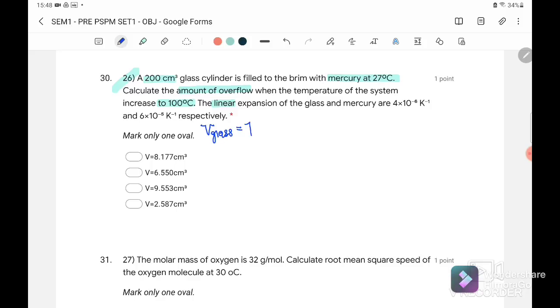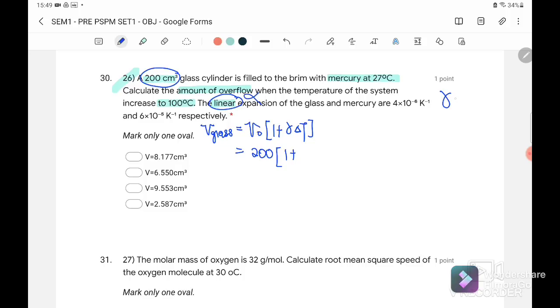So V glass is equal to V naught times (1 + gamma delta T), where the initial volume of course is 200 cm³. Because they only give you the linear expansion, alpha, what is the relationship between gamma and alpha?